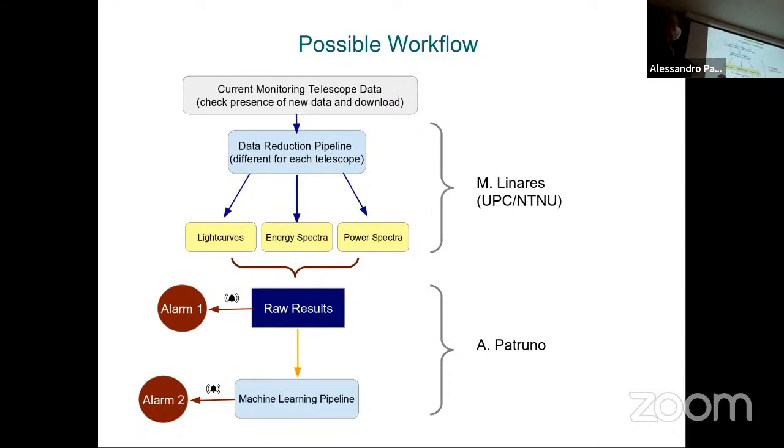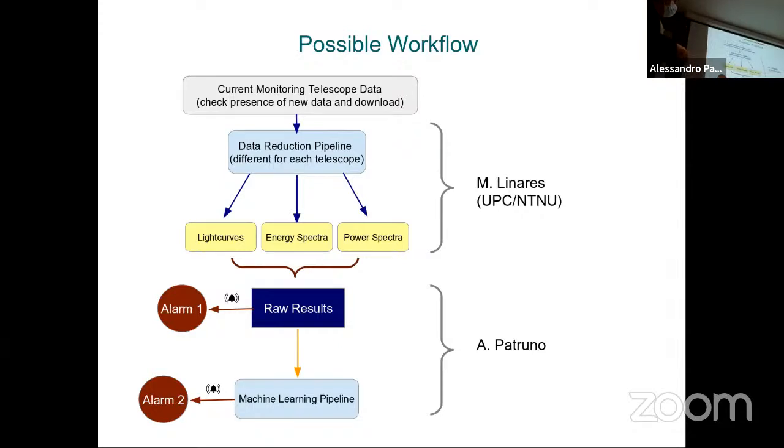But then the final product is to create light curves, energy, and power spectra. And I'm doing this in collaboration with Manu Linares, who is now in Trondheim, but he was at the Polytechnical University, but still is there. And he was one of the main people behind this RXTE PCA adventure that we did back in 2010.